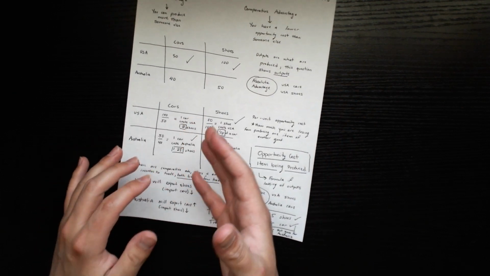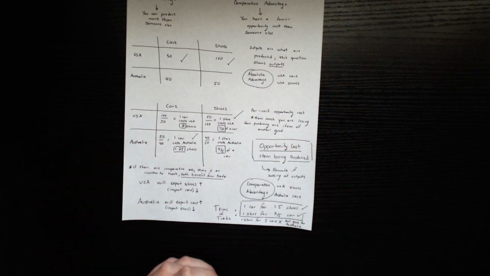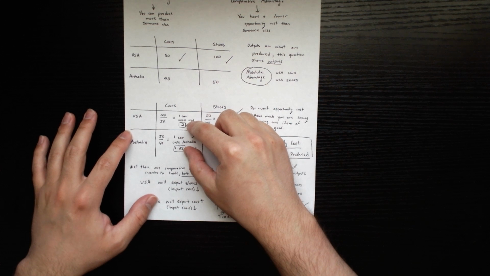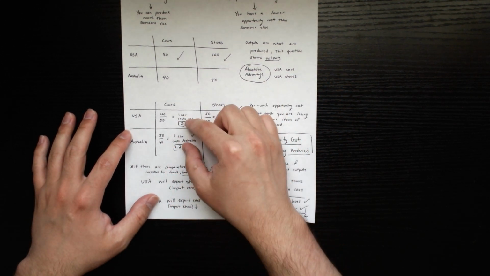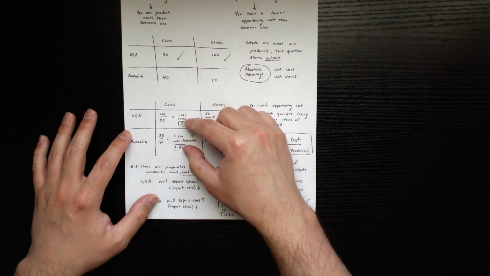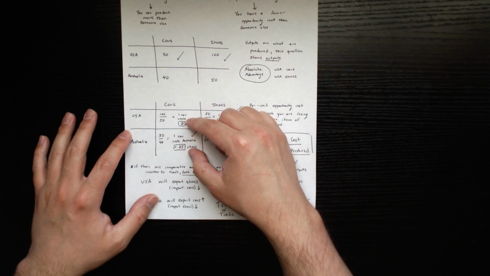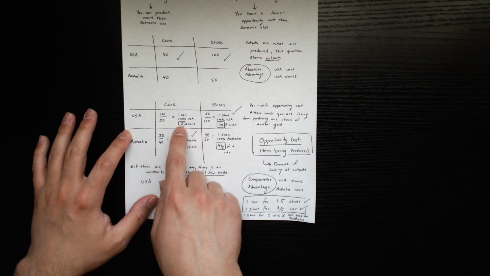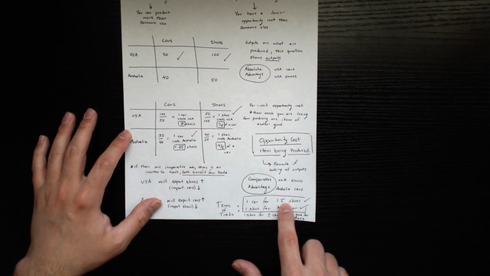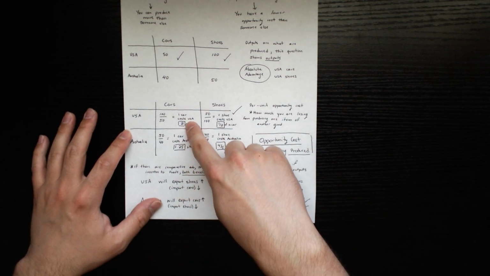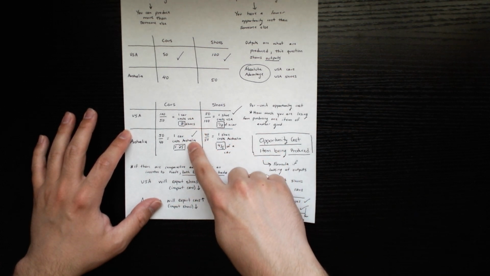So, what negotiation is going to benefit both countries? Well, if we're looking at cars, both countries want there to be a negotiation between these numbers of 2 and 1.25. So a terms of trade of one car for 1.5 shoes is in between these countries' per unit opportunity costs.